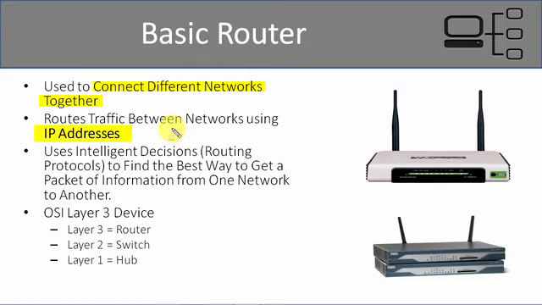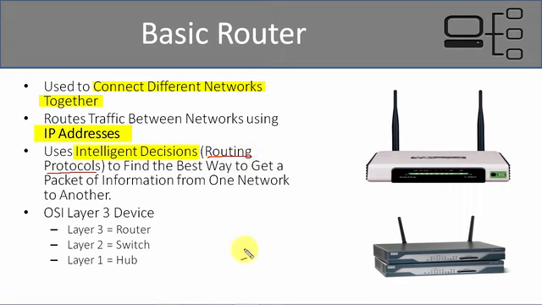We're not going to talk about how all these different routing protocols work, but just understand that routers use what we call intelligent decisions. And when we're talking about intelligent decisions, we are talking about using different routing protocols. So there's a number of different routing protocols in place that routers can use, and based upon the scenario and how the network administrator feels is the best way to set up their network, they will choose a specific type of routing protocol.